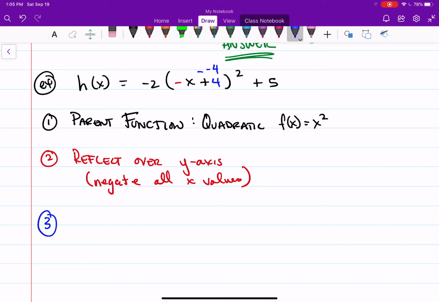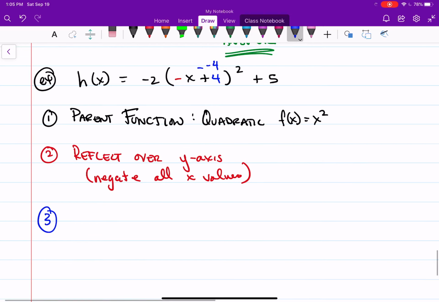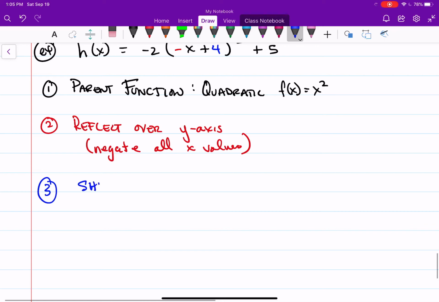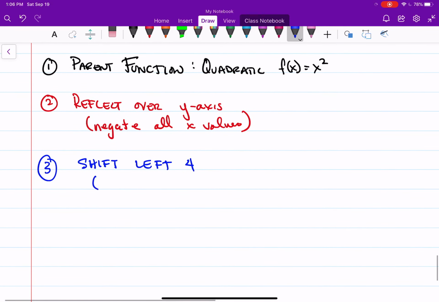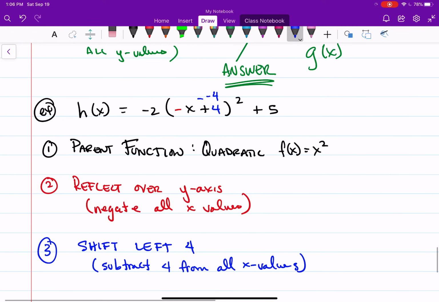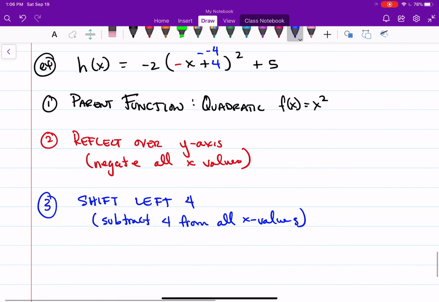So that c is actually a -4. So that's why I'll be shifting left. So shift left 4. Okay, so I'm gonna subtract 4 from all x values. Okay, again, it's attached to the x.